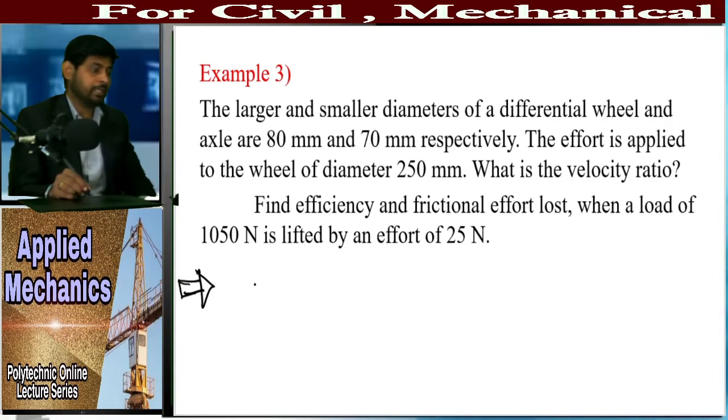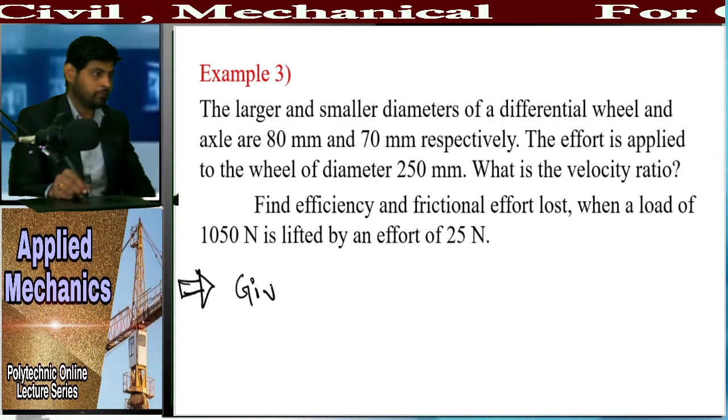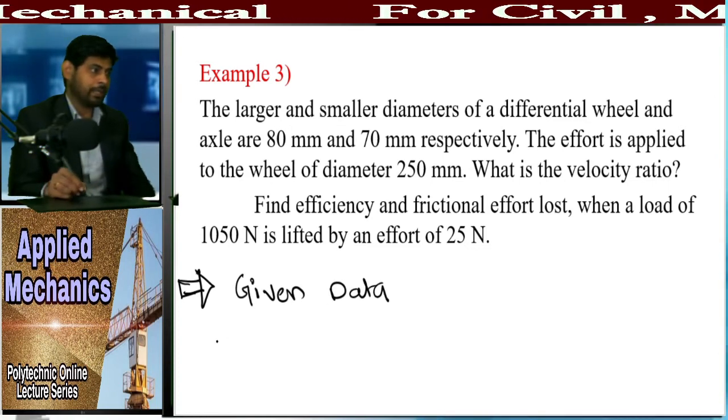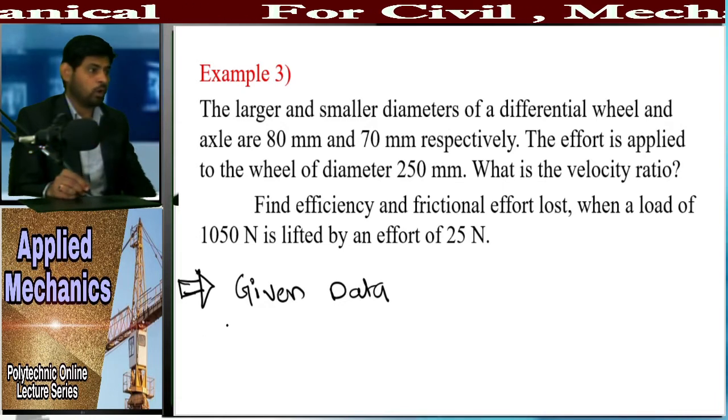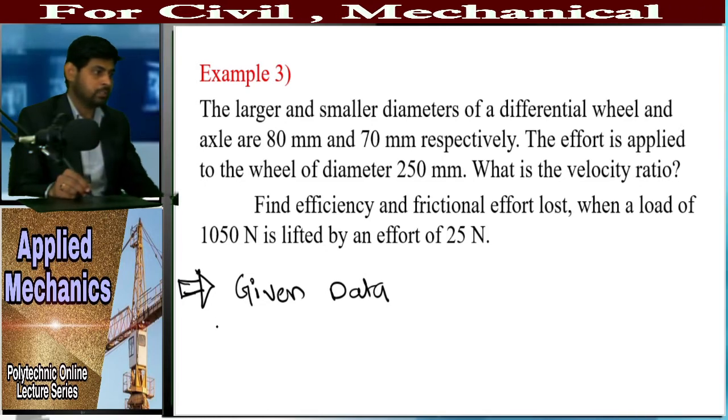So here see what we have to find out. We have to find out the given data. So what is the given data? The larger and smaller diameters of the differential wheel and axle are given.